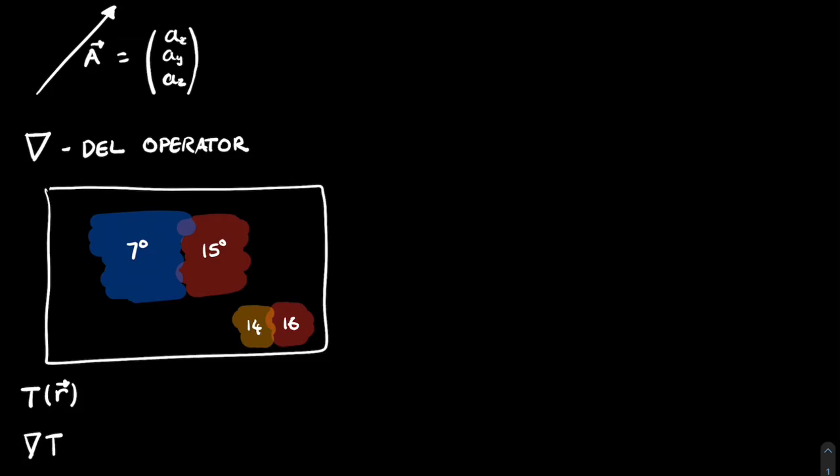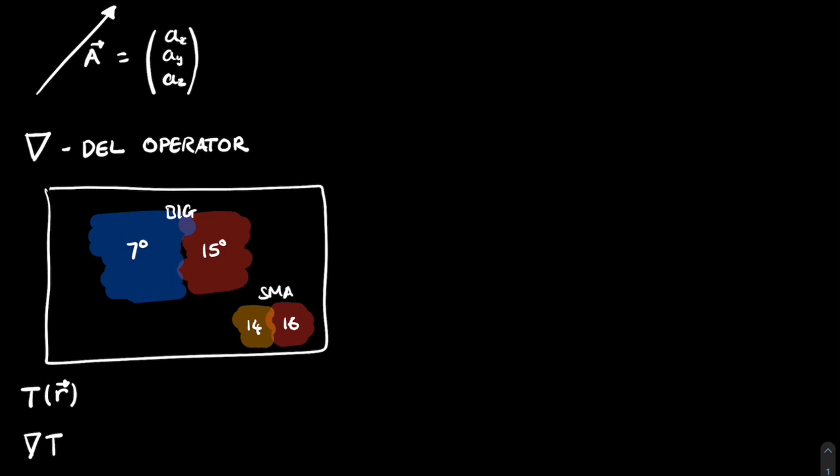It acts on a scalar field to produce a vector quantity which measures how much the quantity is changing. So there's a big change at this part of the room and a small change in this part of the room. That's basically what the gradient operator does. And it's probably useful to write it out in component form.